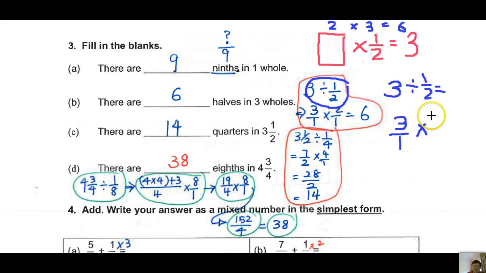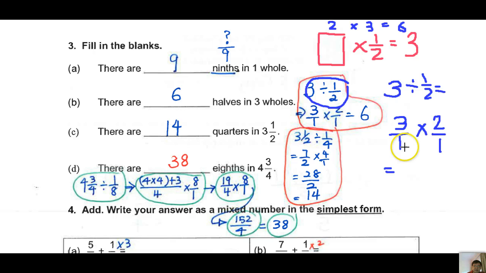We worked that during class, and what you need to do when you multiply is take the denominator from the bottom to the top, and the numerator back to the denominator.